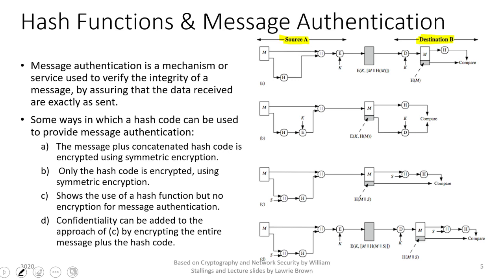So the combination of hashing and encryption can be used in a number of ways. So what we can do is we will take, for example, the message, generate a hash, and combine these two. Combine the message and the hash. Then take the combined hash and message, and do the encryption on that.